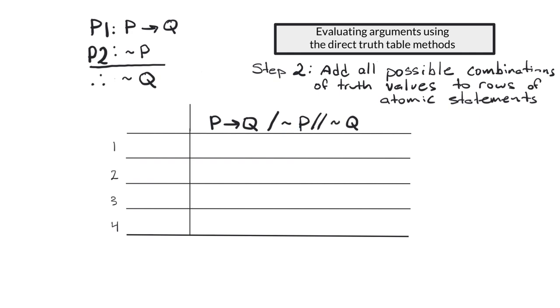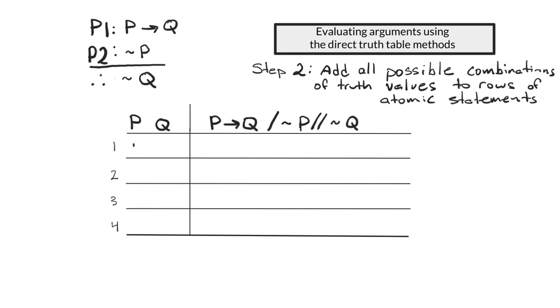So our two atomic sentences, whatever they stand for, are P and Q. We place them on the left-hand side over here, separated out from the argument itself, because this is just capturing all the possible combinations of truth values. In other words, this section over here is not part of the argument. So let's fill those in.